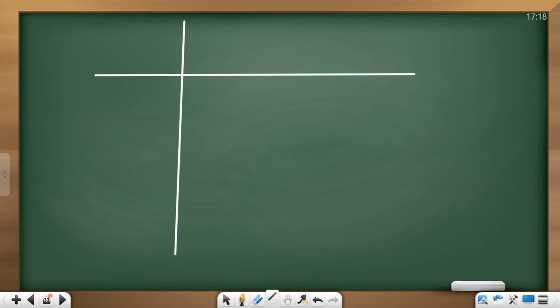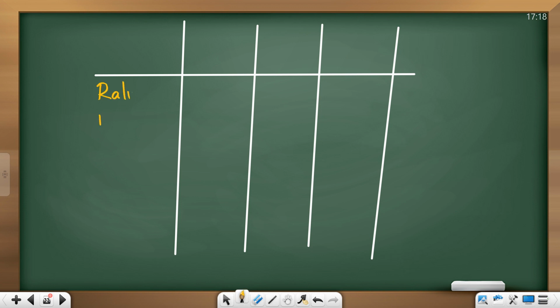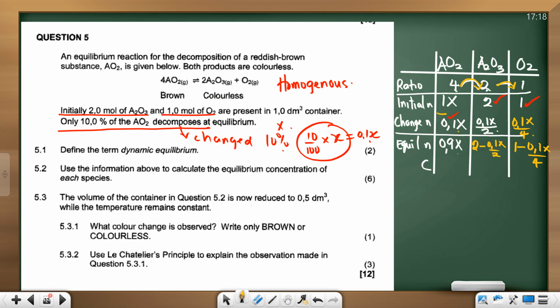Okay. So it is ratio. Please remember to write it in full: ratio, initial, change, and equilibrium, number of moles, concentration. What was this? It was A2O3, no, AO2.